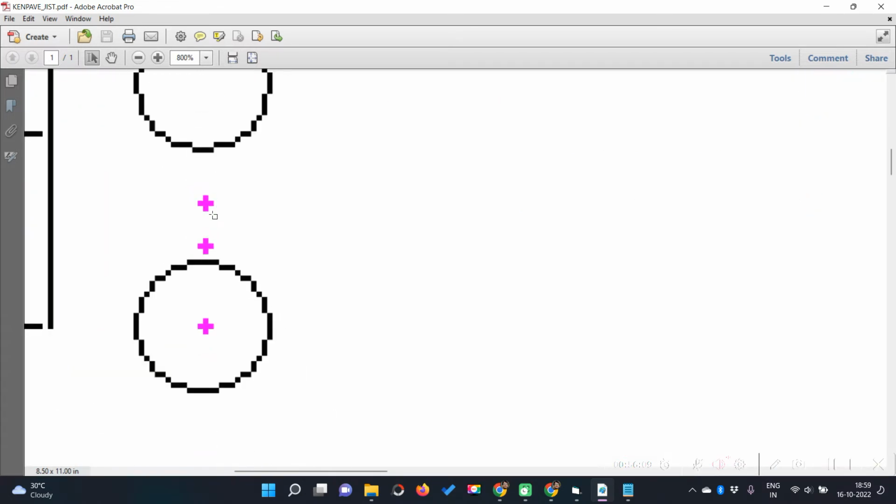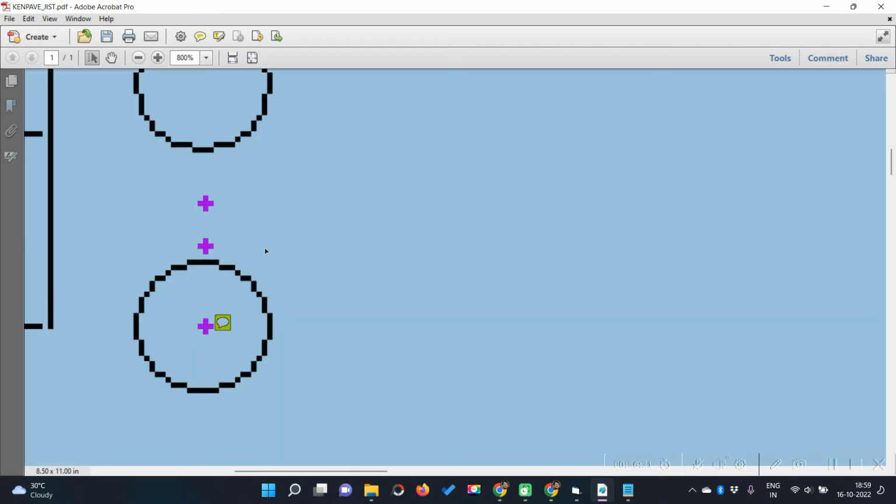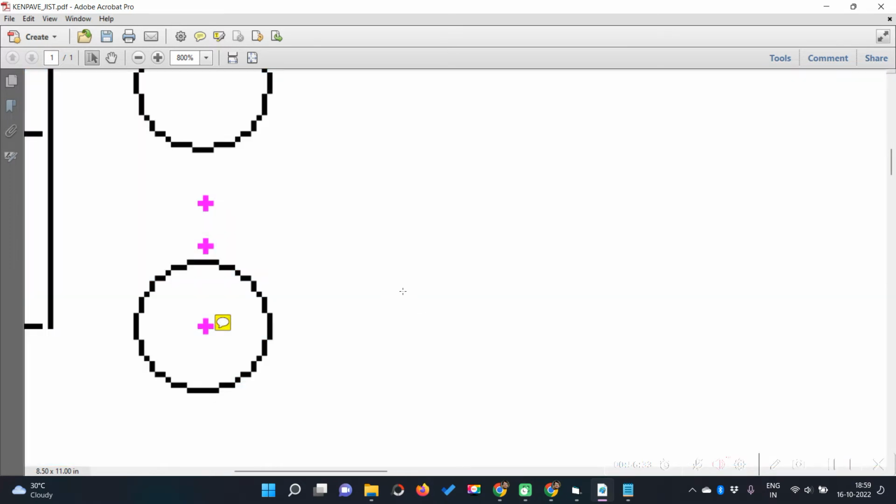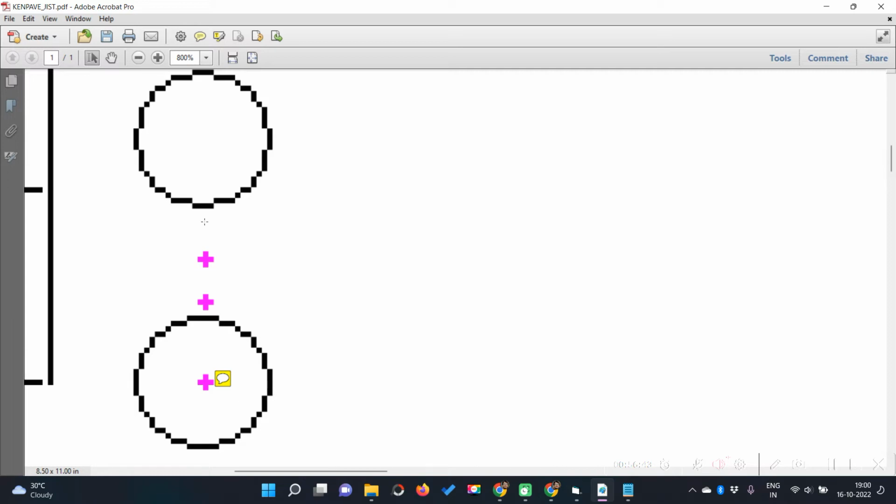So if I simply say that this is my point 1, this is my point 2, this is my point 3, and this is the top view, right? You are looking at the pavement from the top.